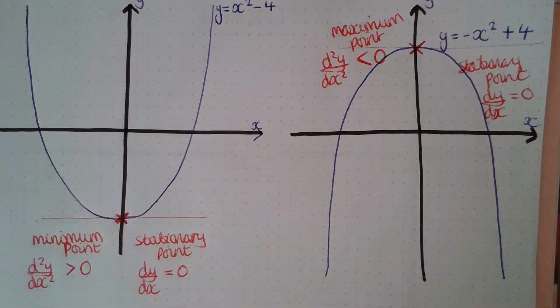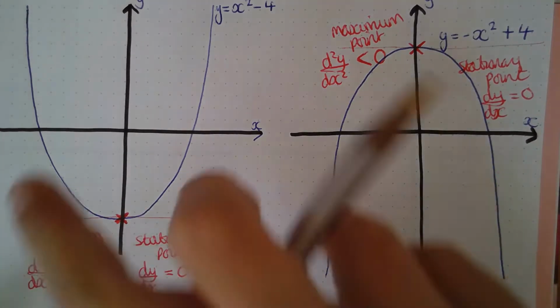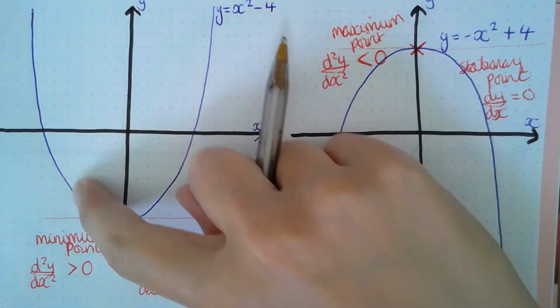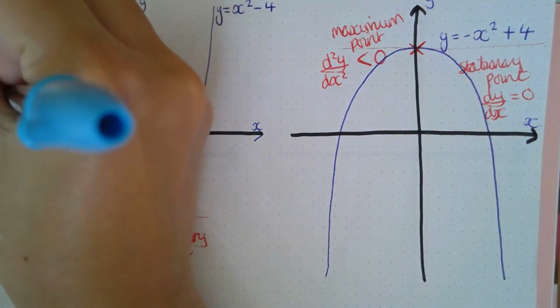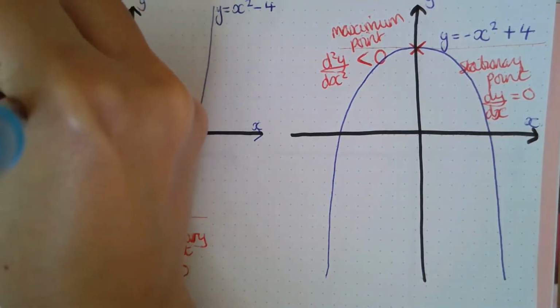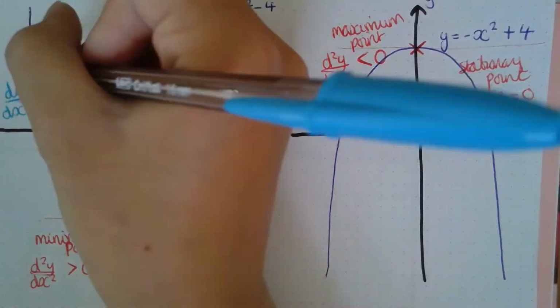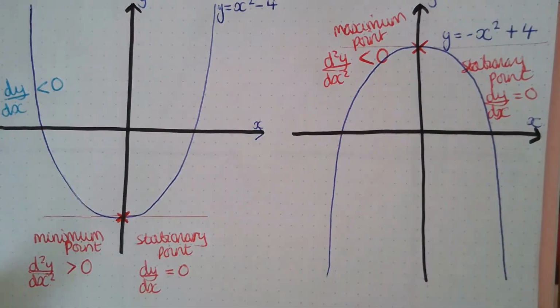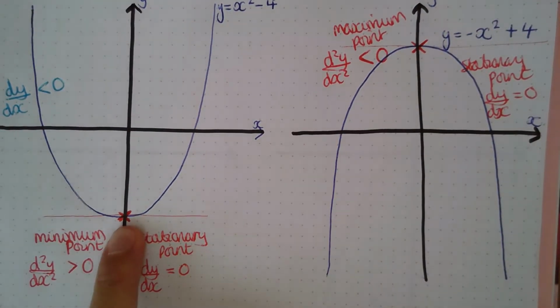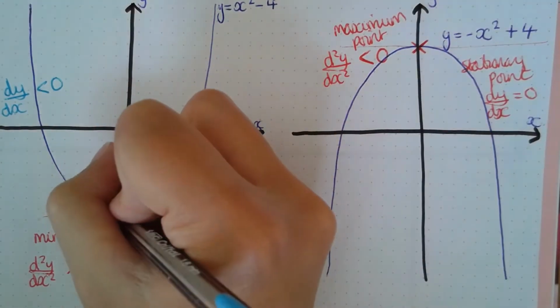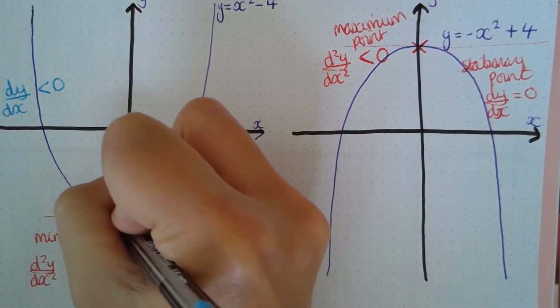Going back to this graph, over here my line is sloping downwards, so my gradient is negative, less than 0. Down here at this stationary point, at the minimum, my differential is equal to 0.